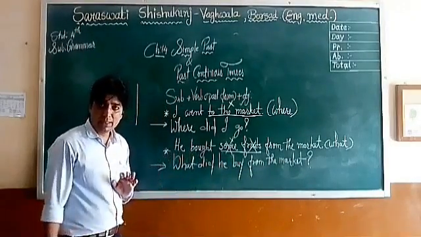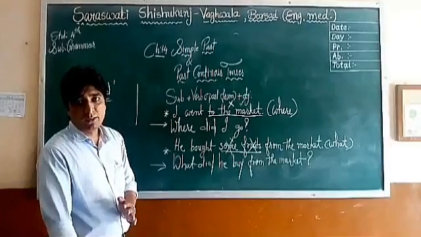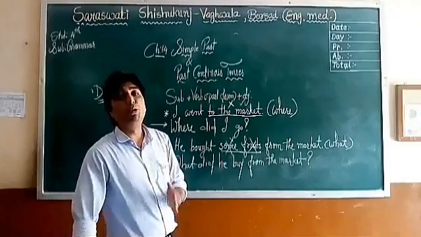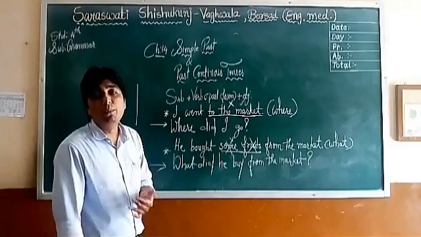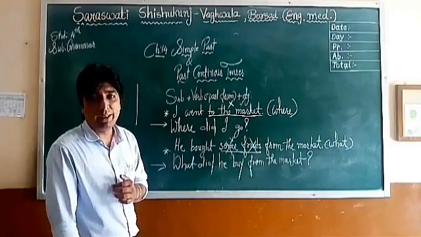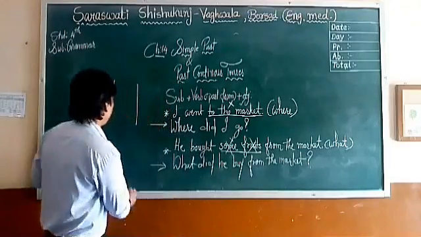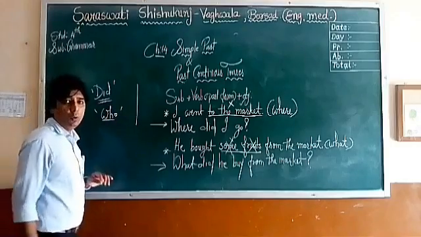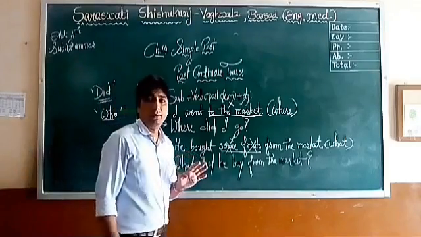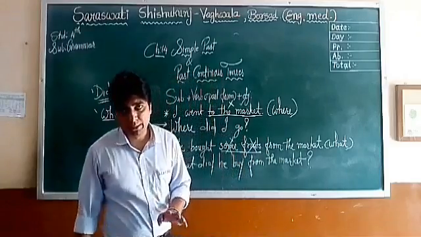Alright? Did you get it? How to make questions by using WH words. Where, what, whom, when. Okay? Except who. When you find who, there will be no did. This is exceptional.